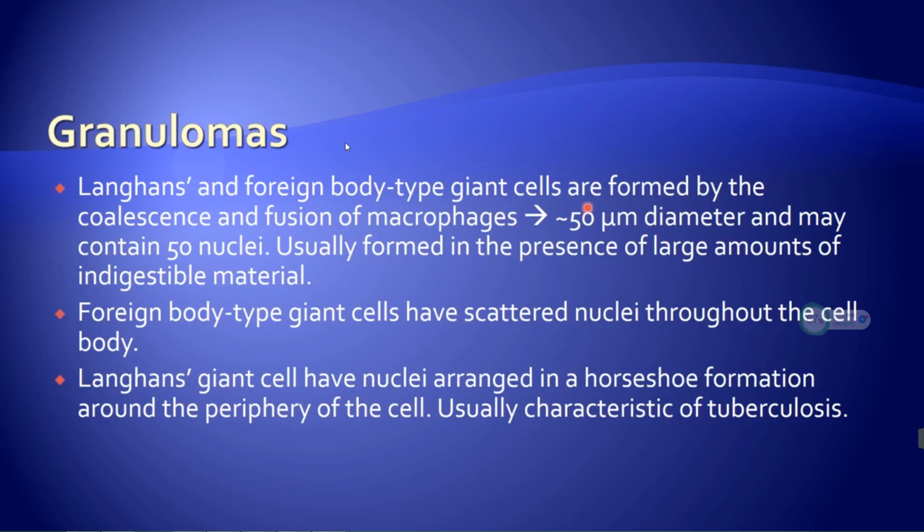We actually see both types within tuberculosis, and Langhans giant cells are very indicative of tuberculosis. It's a very easy guide. You can almost use it as a diagnostic feature because you rarely see them outside of tuberculosis.